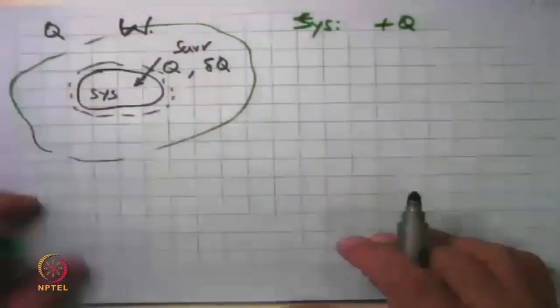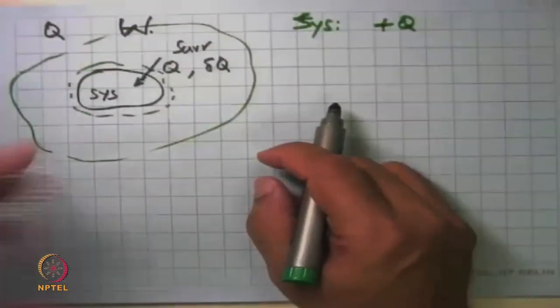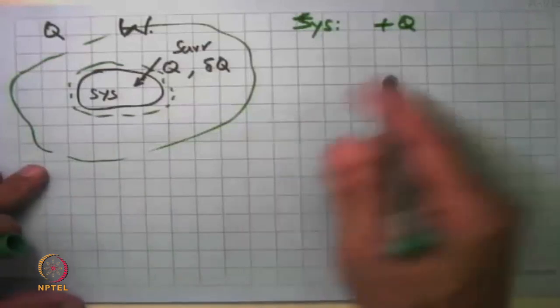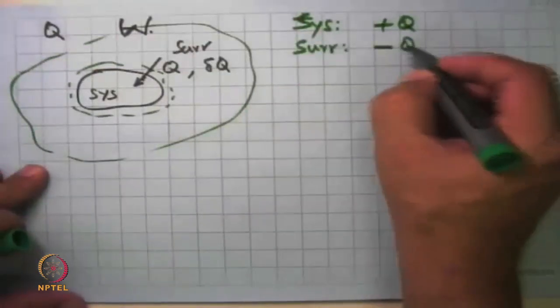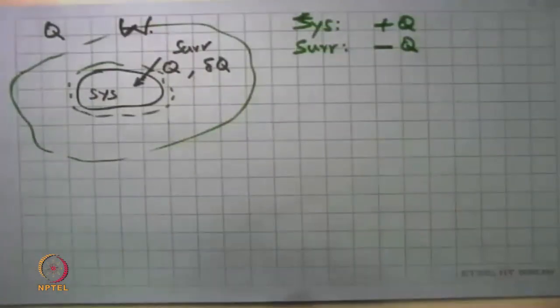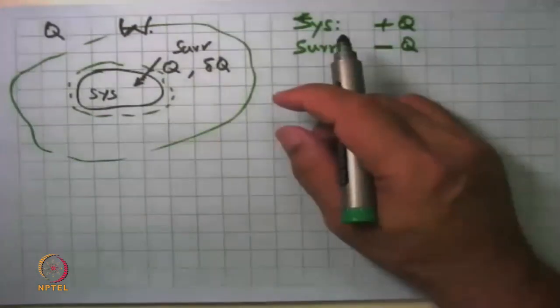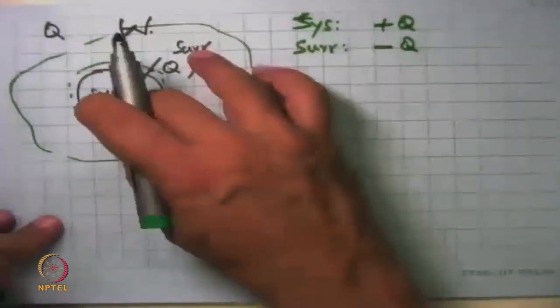Now we remove the system and say this is the surroundings, and energy transfer took place out of the surroundings. And we said that for the surroundings, this is minus Q. So this definition always goes together: what happens to the system, the opposite happens to the surroundings.